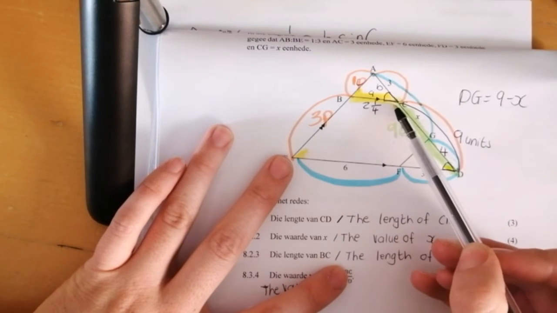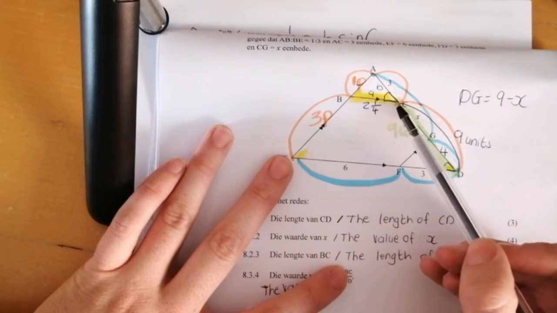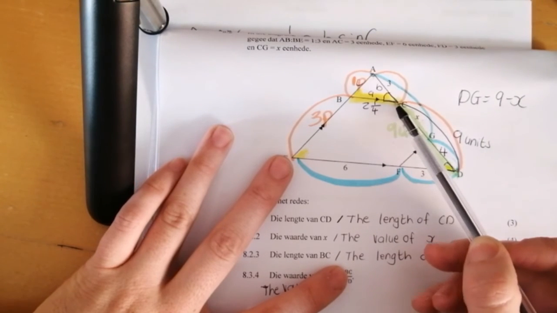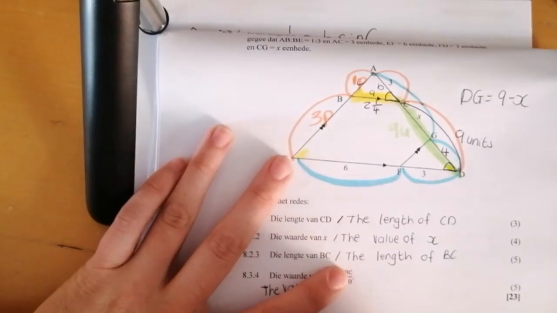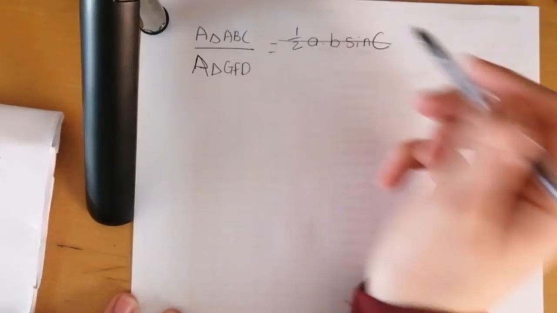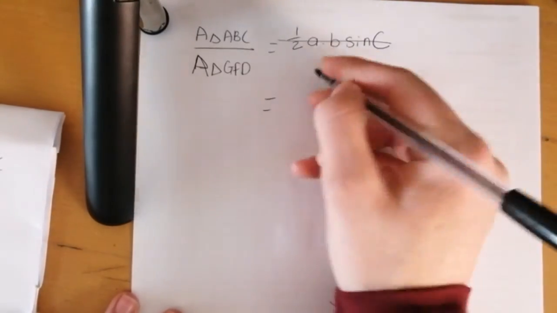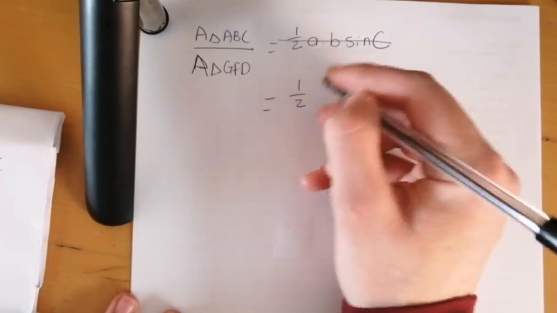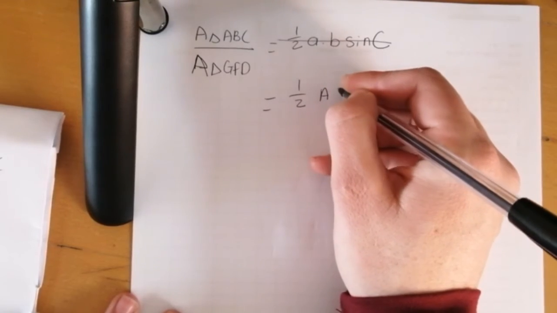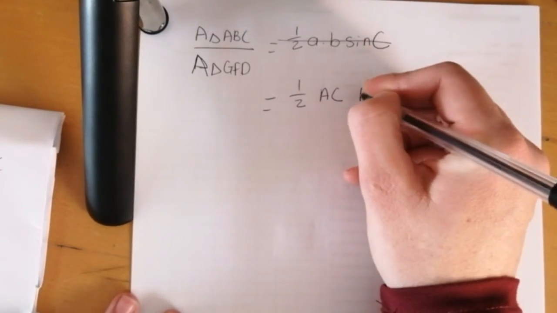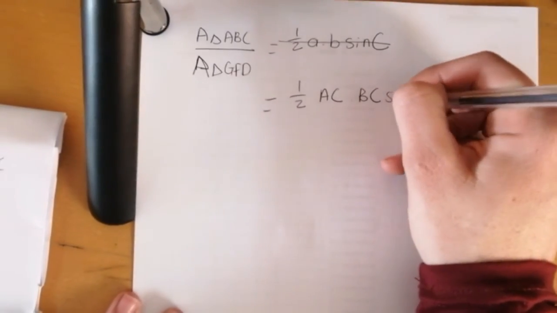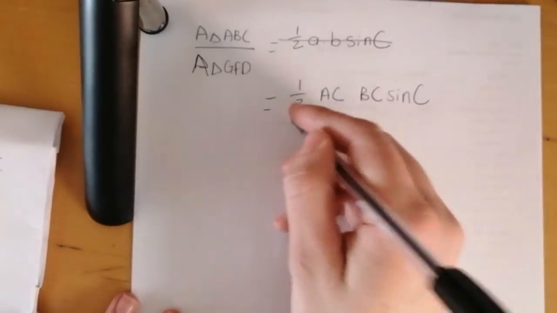I have BC and I have AC. So which angle do I need to use? Angle C right there. Okay, so we're not going to use this. We have to say this is equal to a half AC times BC. And yes, we are going to use sine C.